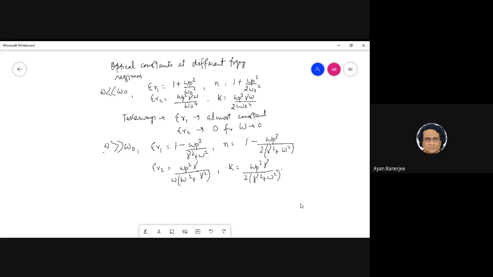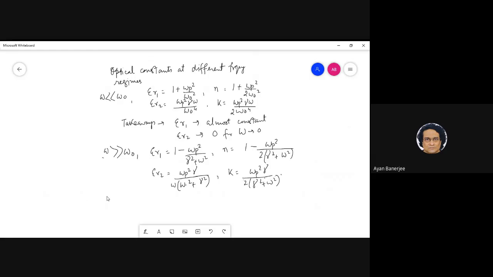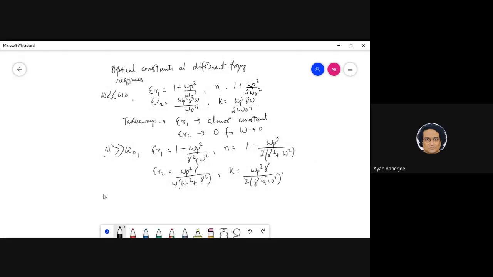But what is very interesting is that near resonance, the phase velocity may exceed that of light. So that is very, very interesting.